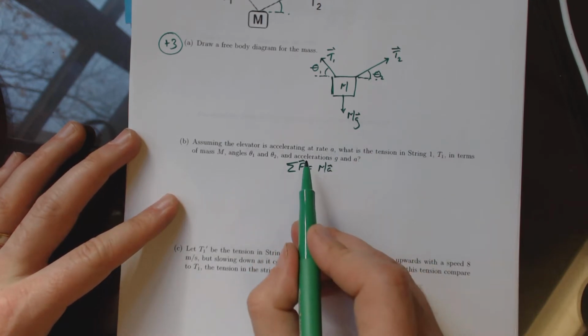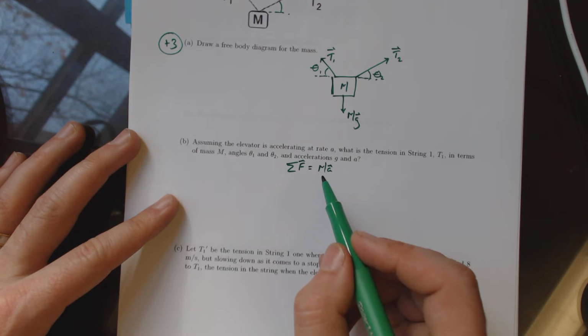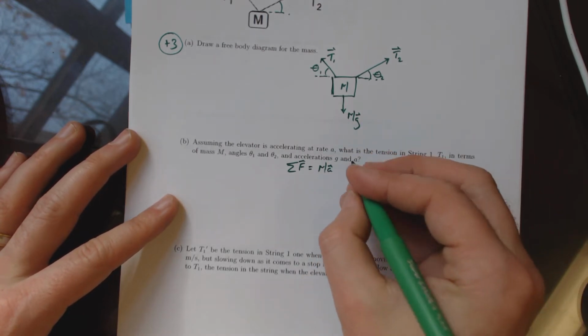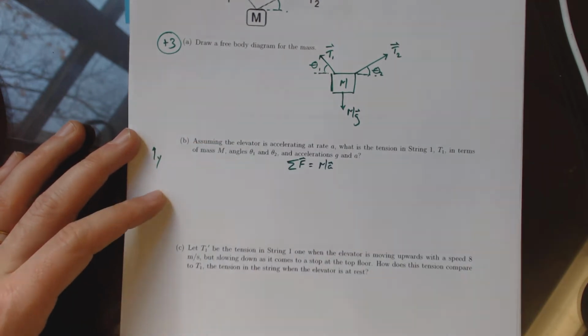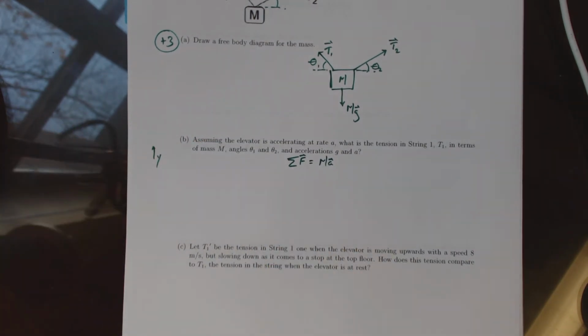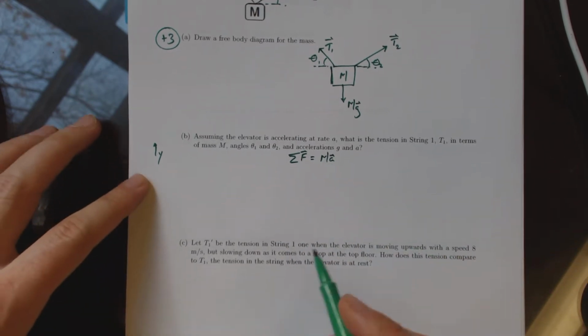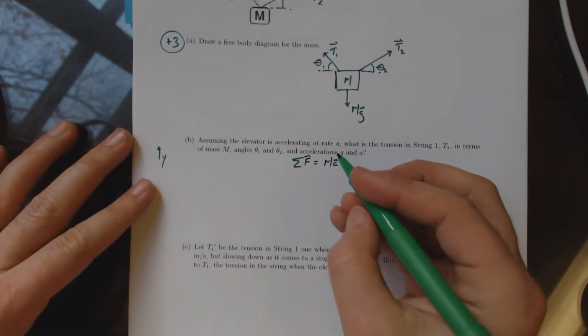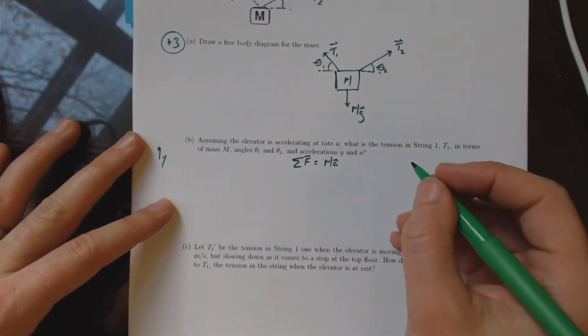And we don't know which direction the acceleration is, but it's going to be up or down because it's an elevator. So for now, I'm going to call y up. And you'll see that we can plug in a negative acceleration later, like we do in the next part, and we'll get the right answer. So we can just assume that y is positive.